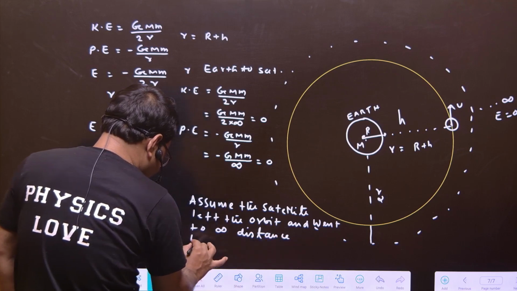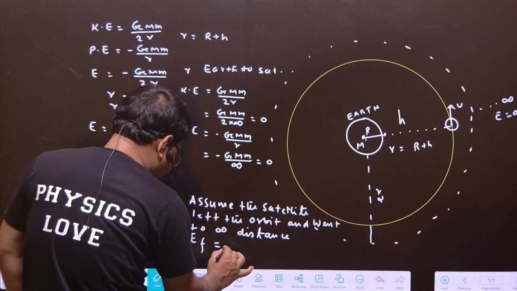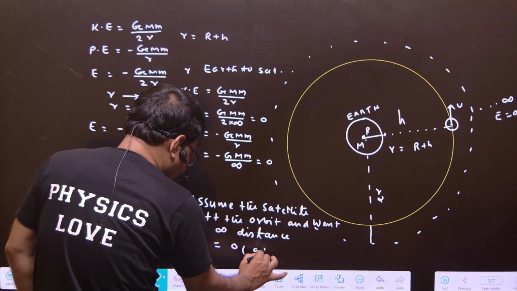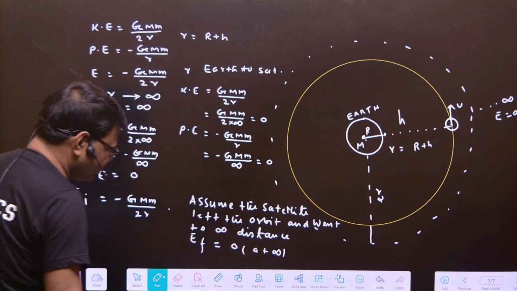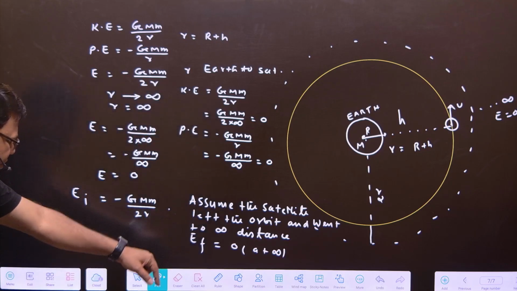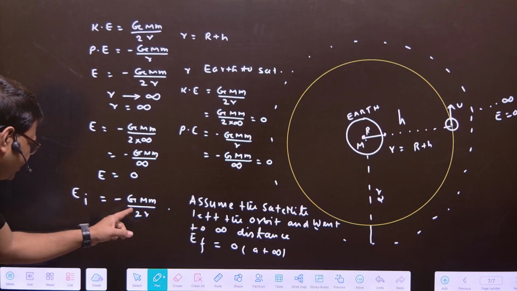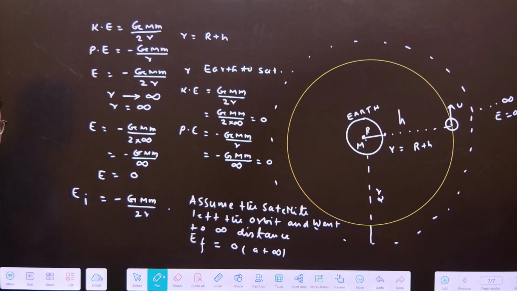The final total energy at infinite distance is 0. So the final energy is 0, and the initial energy is minus G M m divided by 2r.